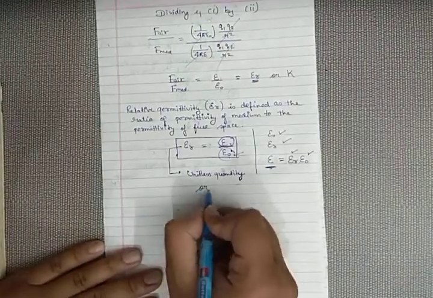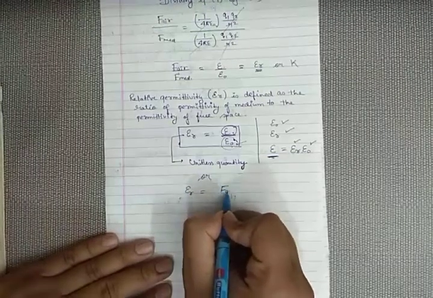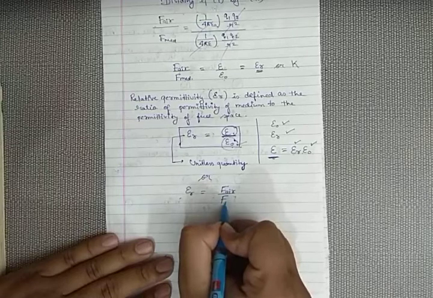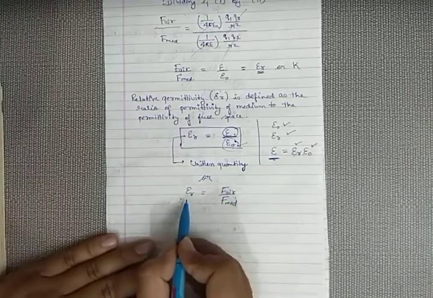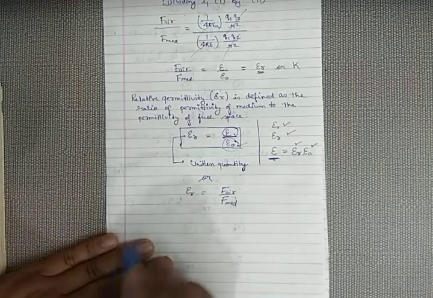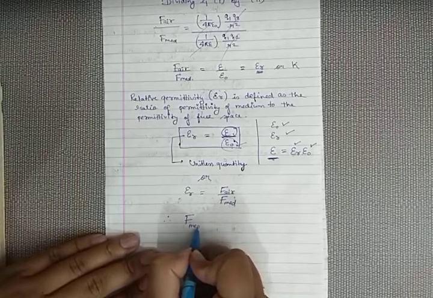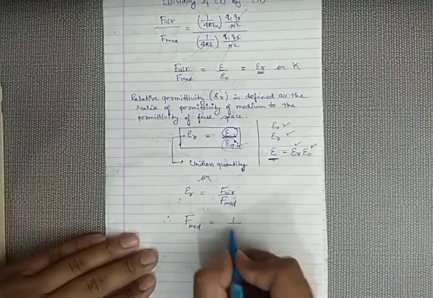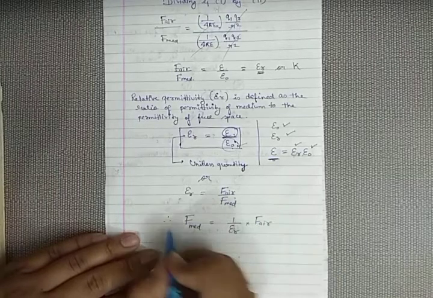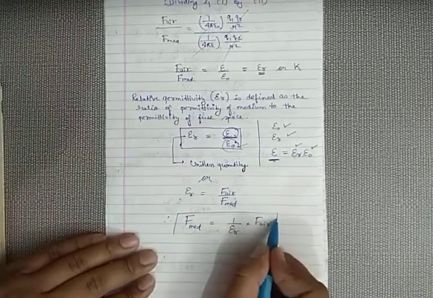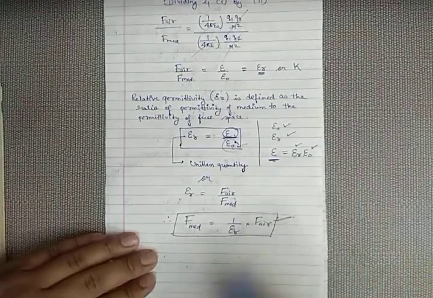Or one more way, you can also write that it is defined as force in air and force in medium. The ratio of these two forces is also equal to epsilon r, that is relative permittivity. Now, force in any medium is 1 upon epsilon r times the force in air, which means we can say that the maximum force is always in air.